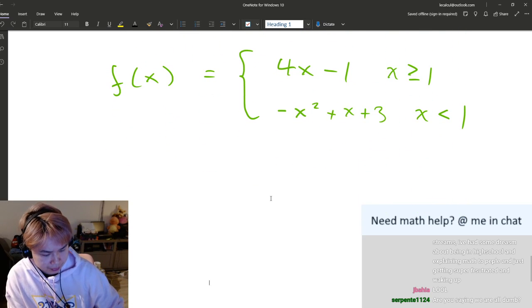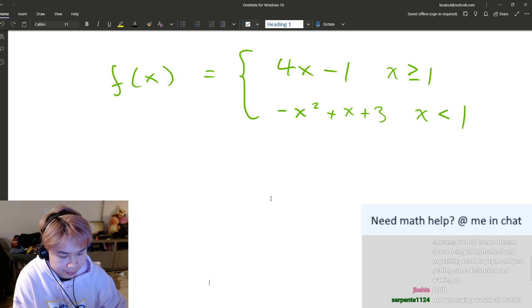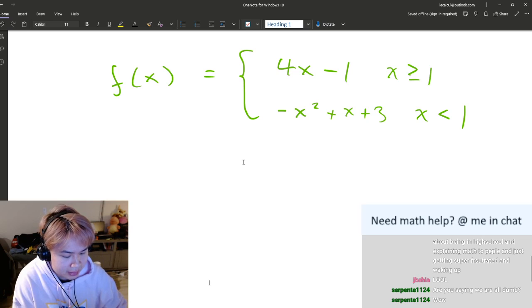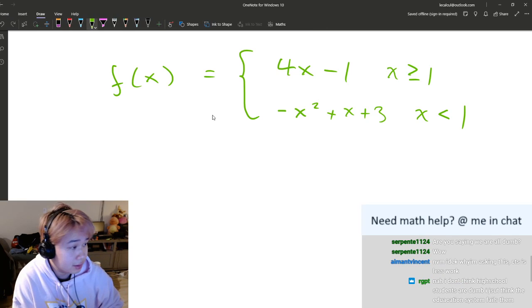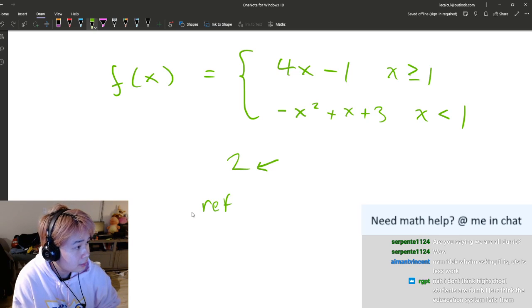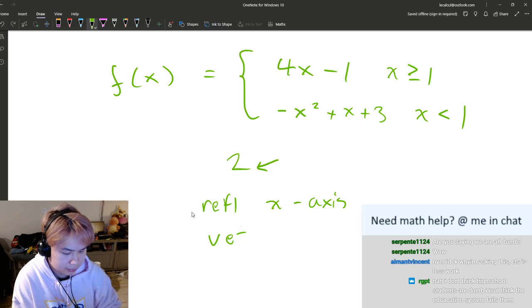Okay, so continuing this question. Part B says the graph of G is obtained by applying some transformations to the graph of F. So horizontal translation, 2 units to the left, followed by a reflection in the x-axis, and then also a vertical stretch by a factor of 3.